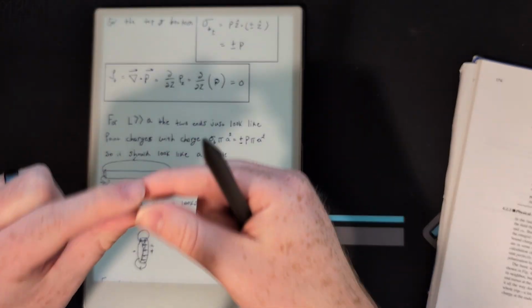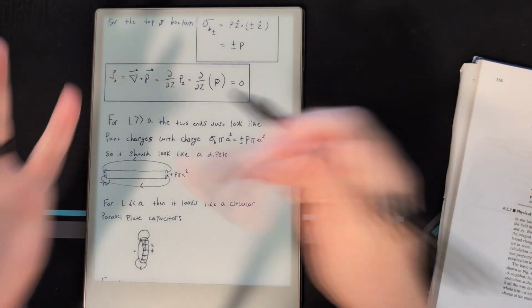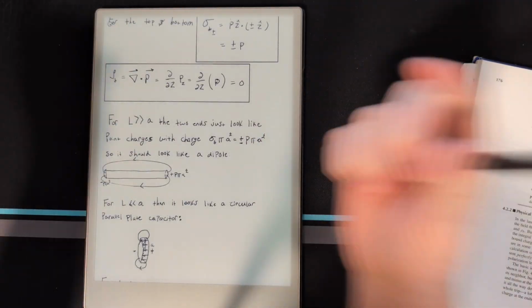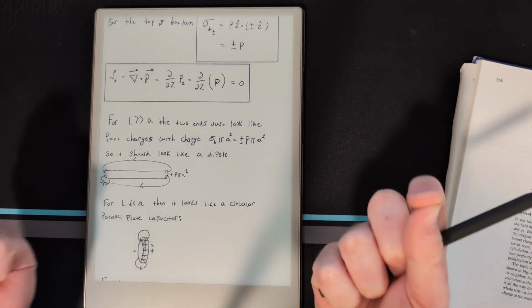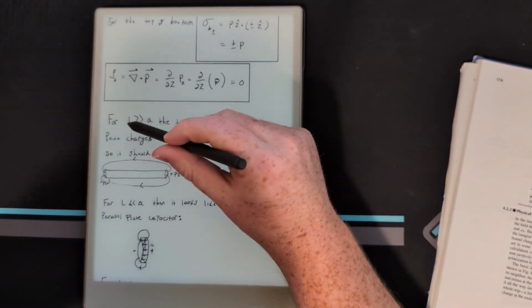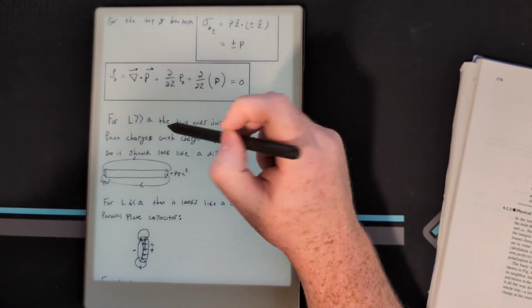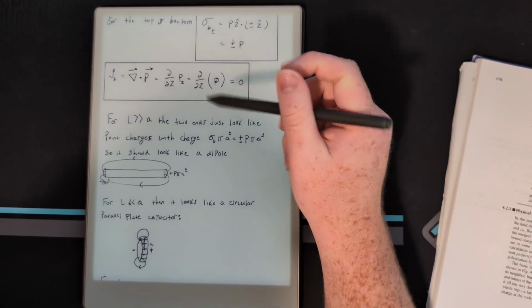If you have this very, very thin, long wire, that's just the separation distance, and you have 2 charges at the end of the wire with opposite charge, it's really just a dipole.